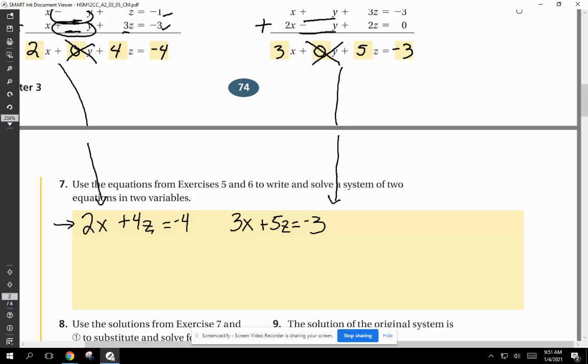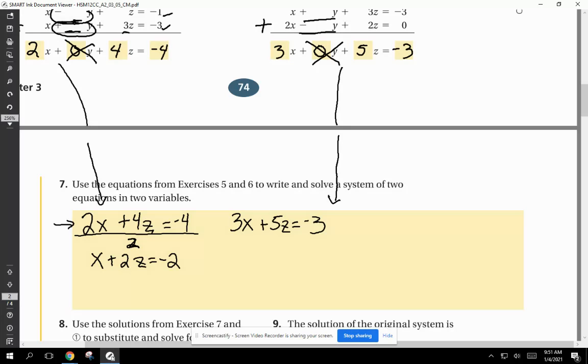So he divided everything by 2 first, which you're allowed to do in the equation, right? So he got x plus 2z equals negative 2, right? 4 divided by 2 is 2. Negative 4 divided by 2 is negative 2. And 2x divided by 2 is x.